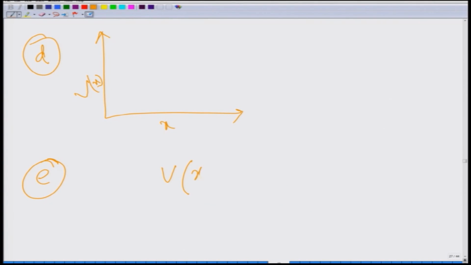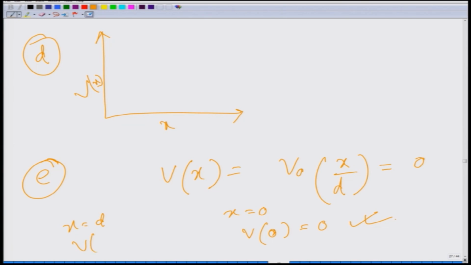You can see that if there is no space charge, then Vx will actually be V0 x by d. You can immediately check that at x equal to 0, this quantity is 0, which is fine, and at x equal to d, you have Vd, which is V0.